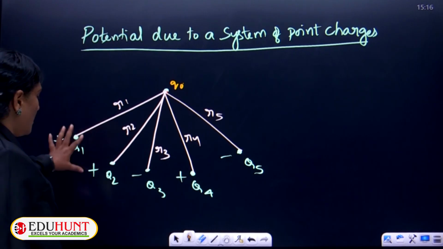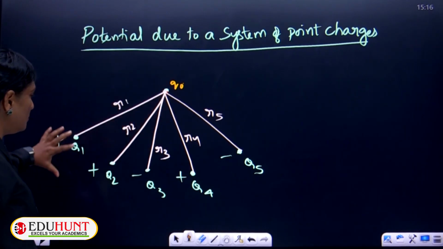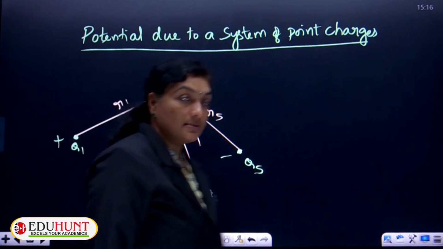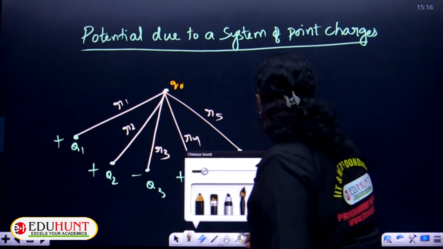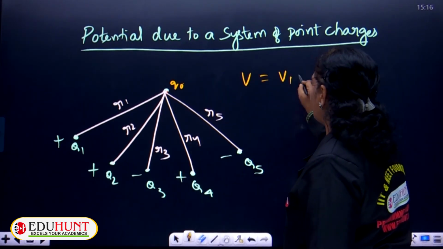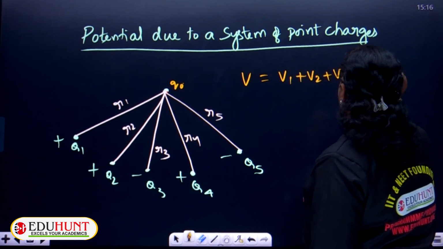Then the total potential at that point due to the whole system of charges is written as V. The net potential is given by V equals V1 plus V2 plus V3 plus V4 plus V5.